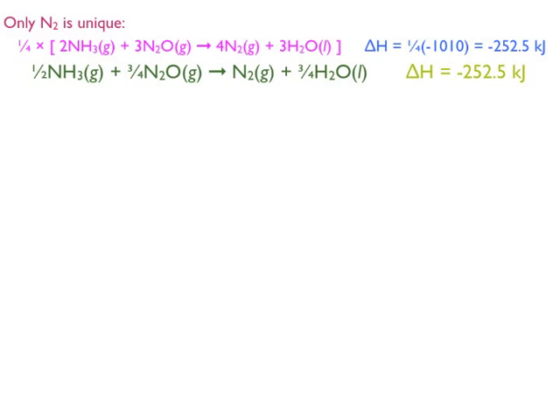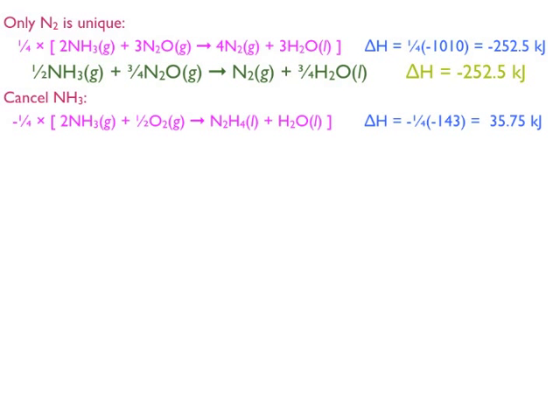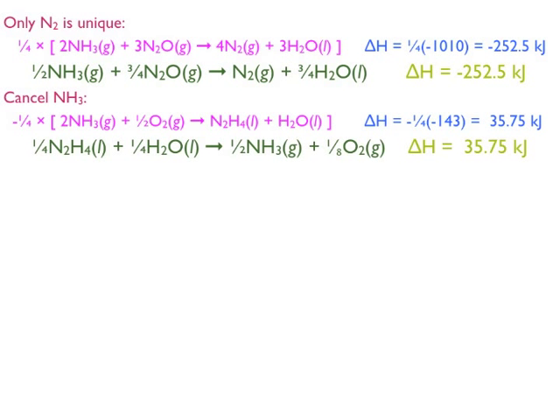I hope you like fractions. I personally love fractions because we have a lot of them in this problem. So here's what we get when we reverse reaction 3 and multiply it by 1/4. And for the delta H, we'll take -1/4 times the -143 kilojoules of that reaction to get 35.75 kilojoules.